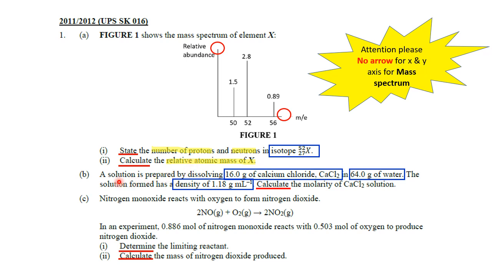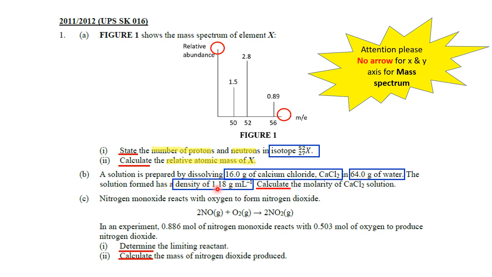Question b. The information given is a solution prepared by dissolving 16 grams of calcium chloride in 64 grams of water. We need to identify that 16 grams of calcium chloride is the mass of solute, and 64 grams of water is the mass of solvent. If you sum them up, it becomes the mass of solution.